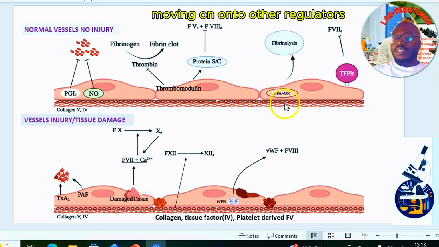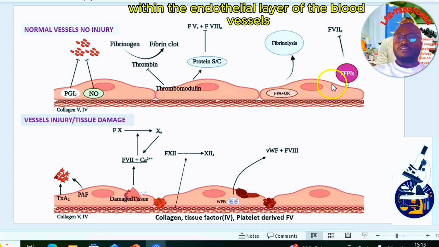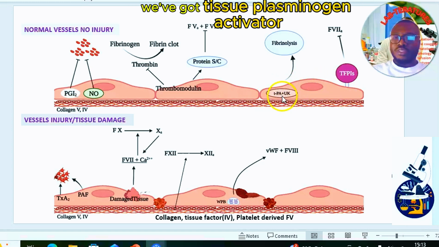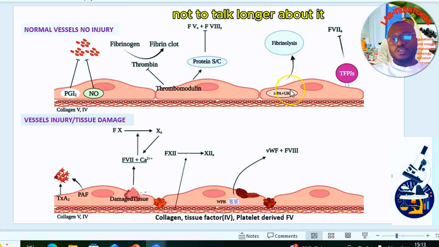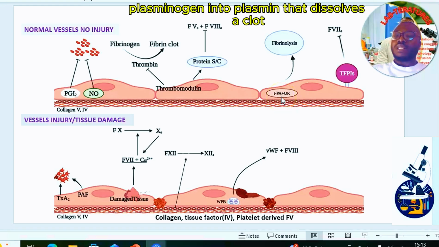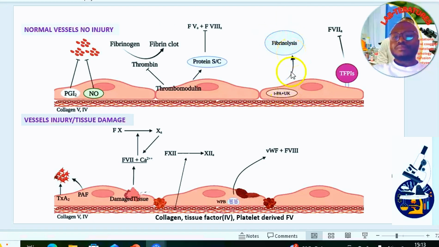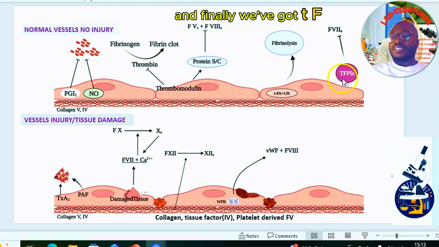Moving on to other regulators found within the endothelial layer of the blood vessels, we've got tissue plasminogen activator. Not to talk longer about it, this is what we just discussed, that the tissue plasminogen activator converts plasminogen into plasmin that dissolves a clot, and it is responsible for fibrinolysis. And finally, we've got TFPI.